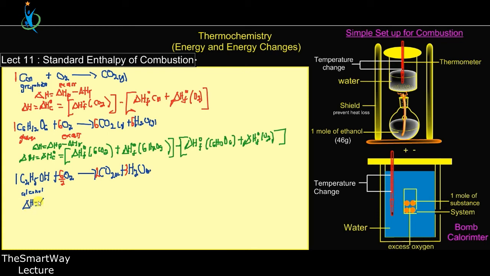Here we are going to get the enthalpy change to be equal to the standard enthalpy of combustion of 1 mole of this, the standard enthalpy of combustion of 1 mole of the alcohol, that is the amount of energy liberated to the surroundings whilst burning in excess oxygen.